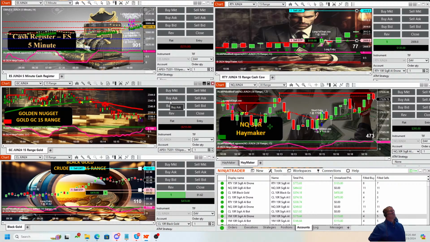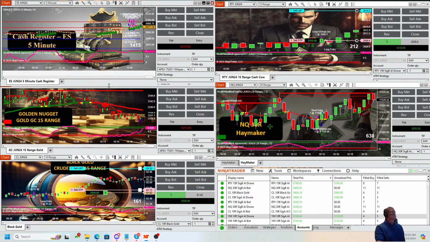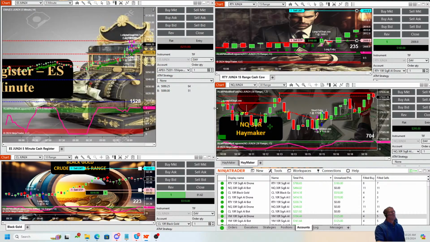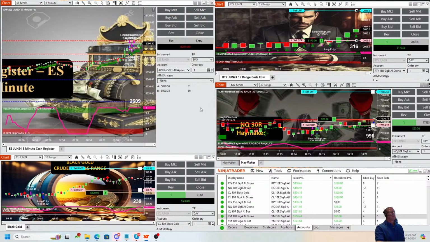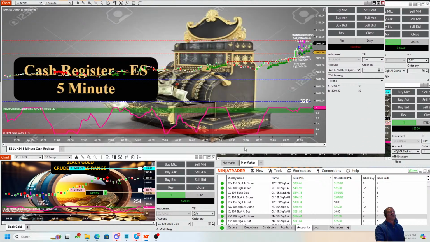The E-mini just keeps pushing higher and higher here. We had a couple of nice long entries on that signal B, and unfortunately they just got wicked out. You know, the ES is like that sometimes. Take a closer look at it.